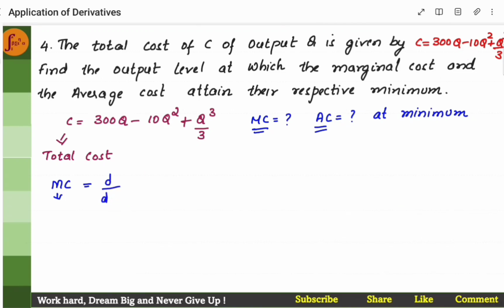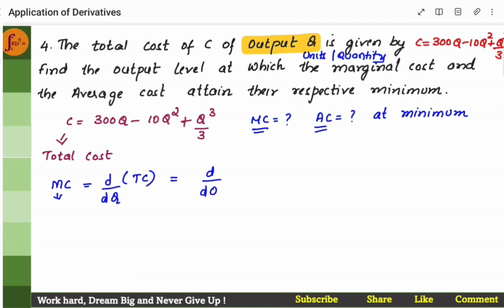What is quantity here? Q. See, output. Output is always number of units or quantity. Remember that. Output means number of units or quantity. So we'll have to put a d by dq of what? Cost function, total cost, marginal cost, total cost.